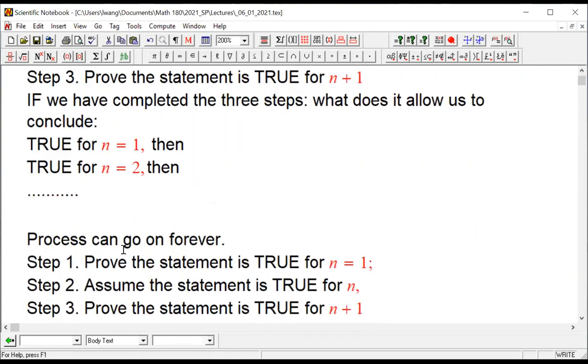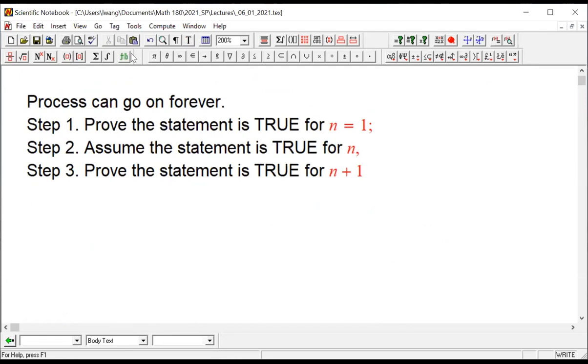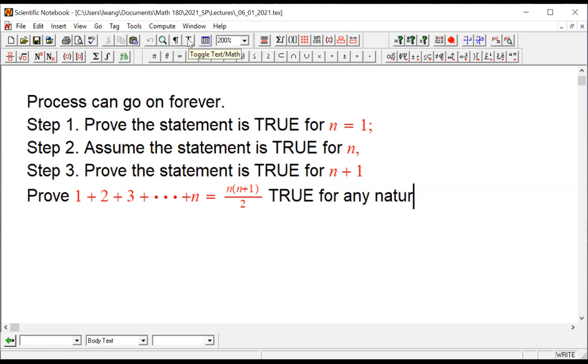We know it is a statement, and now what we want to prove is that it is true for any natural number n.